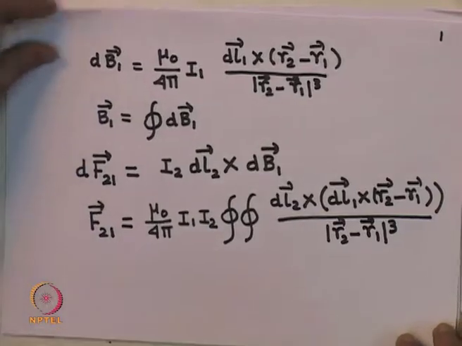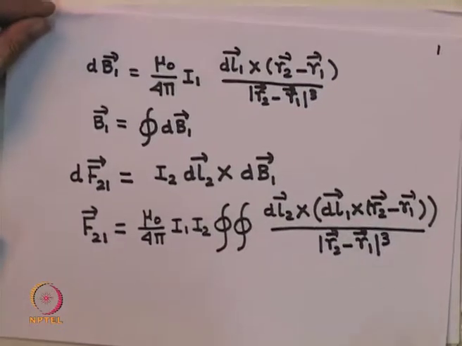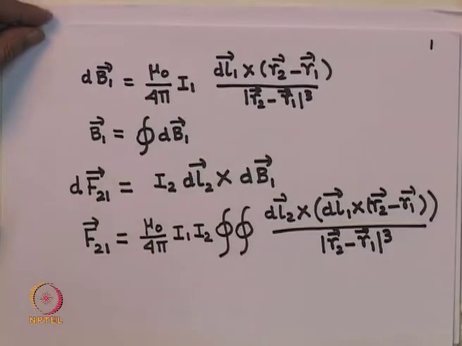Now, what we will do is this, that we know that if circuit 1 exerts a force on circuit 2, circuit 2, since it is carrying a current, that is also a source of the magnetic field, which I will call B2, and this magnetic field will be exerting a force on the first circuit.